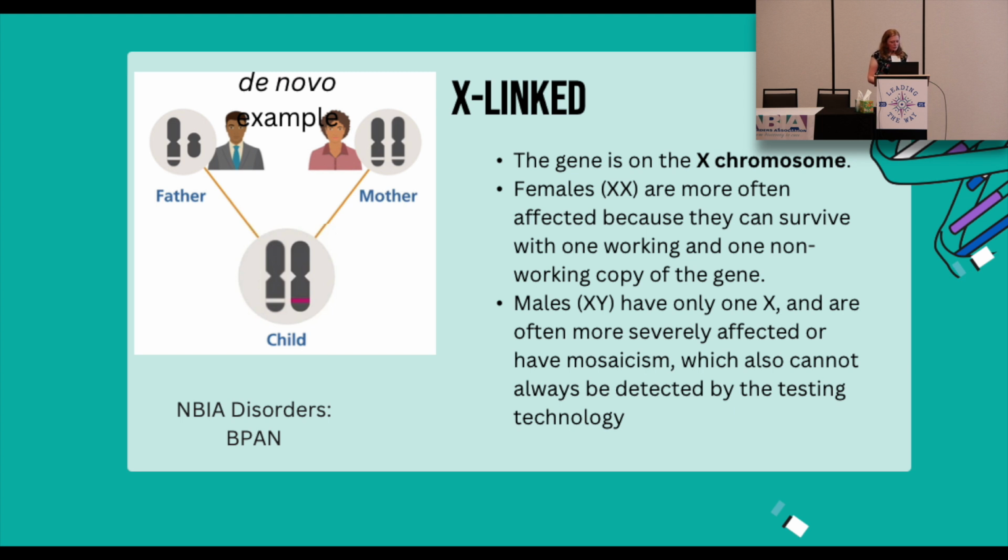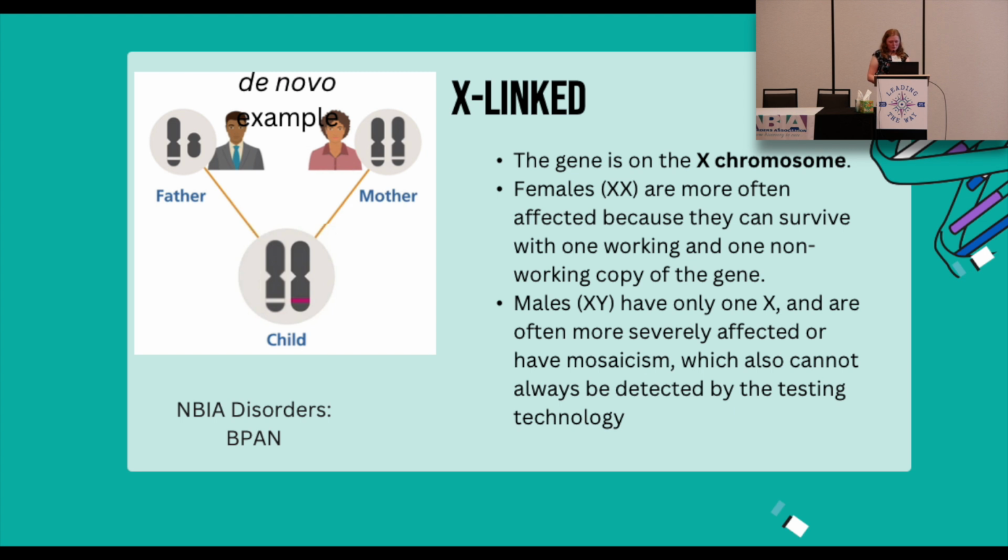And then the picture on the left shows a de novo example, so parents are unaffected and the child still has that purple band, which represents the mutation in the WDR45. And with males, or this is a male because it has one X that this child got from their mother, and then one Y from the father.